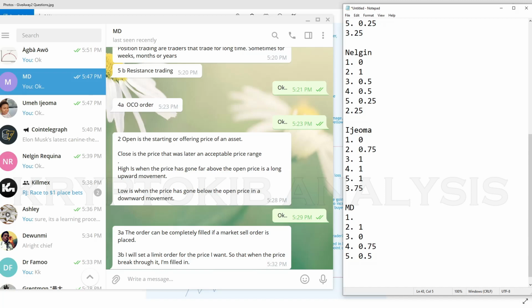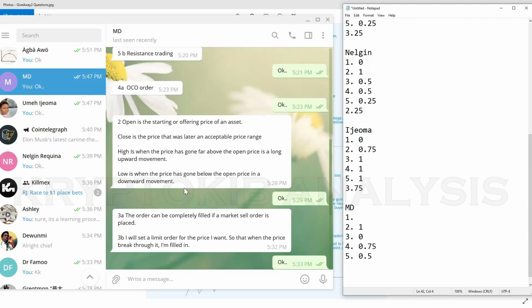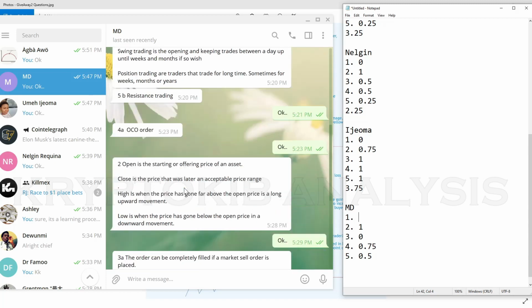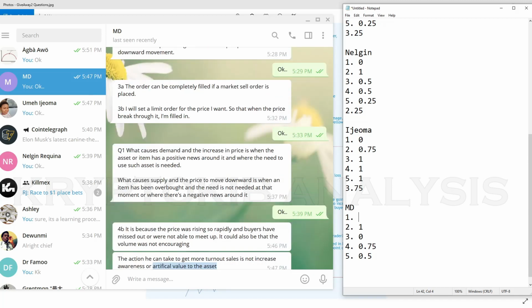Let's give him one. Then the question one, I can't see the question one. Okay. What causes demand and increase in prices when the asset or item has a positive news around it, and where the need to use such asset is needed?